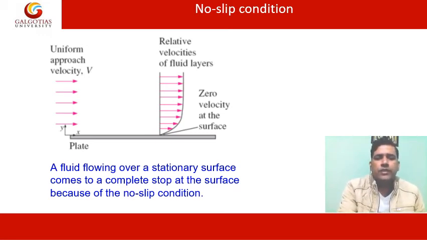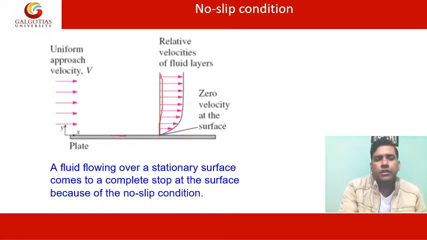On this plate a fluid is moving, the plate is stationary, and the fluid comes to a complete stop at the surface because of the no slip condition. Here the fluid in contact with the plate has zero velocity.